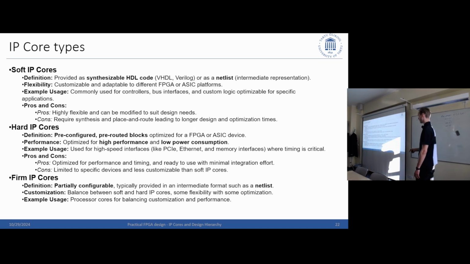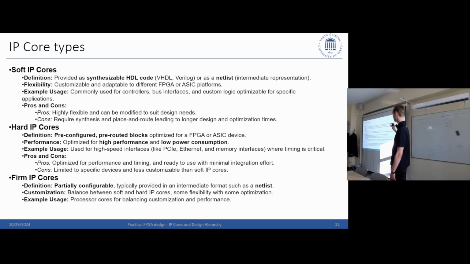Of course, then there's the in-between where you can configure them, and I will show you in the block design, you can load it in, and then you can configure out of the options. With hard cores, you can change some parameters, or they might have configurations. And of course, then there's a balance between all of them, and processors.